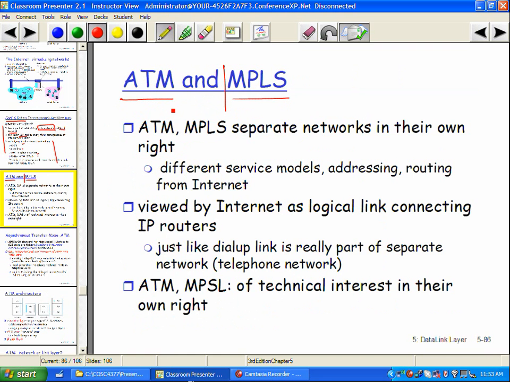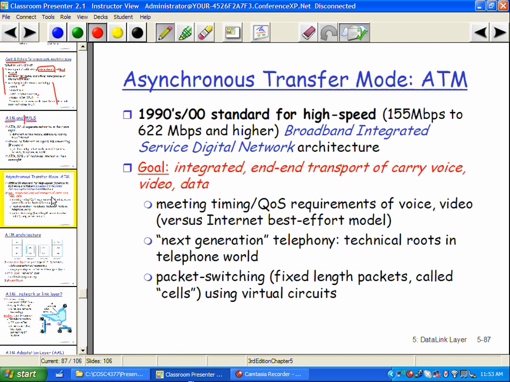Okay. So I'm going to skip a lot of things here. We've discussed this already, that ATM was meant to be an integrated end-to-end transport for carrying voice, video, data. It's based on connections, and there's much better support for quality of service and so on in ATM.